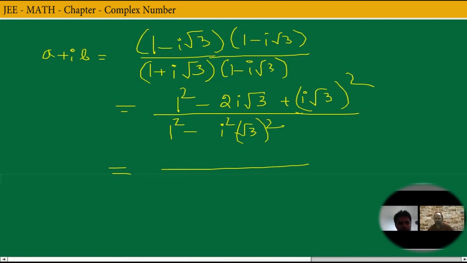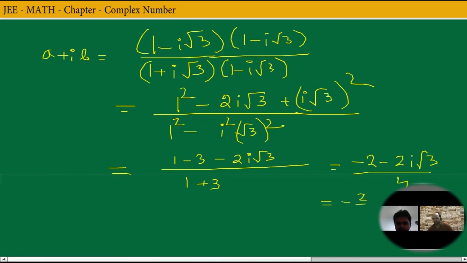The value of i square is negative 1. Okay, so if we substitute, it is going to be 1 minus 2 i root 3, and you can see that root 3 square is 3 and i square is minus 1, so 1 minus 3. So you can see the numerator becomes this and the denominator is this.